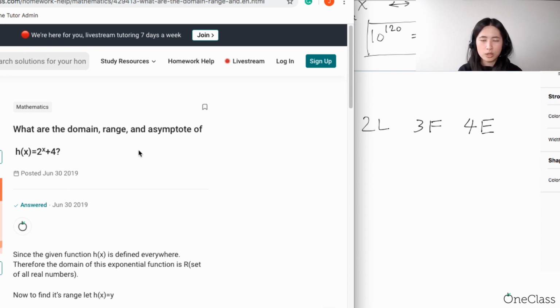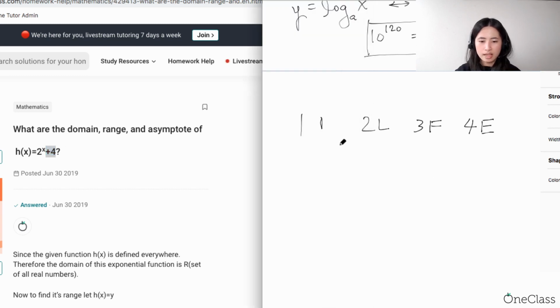However, for the range, it's going to depend on your translation. So if you were to just look at h of x, which is equal to 2 raised to the power of x plus 4, if this positive 4 did not exist, if this was just h of x equals 2 raised to the power of x, the range is going to be y greater than 0.